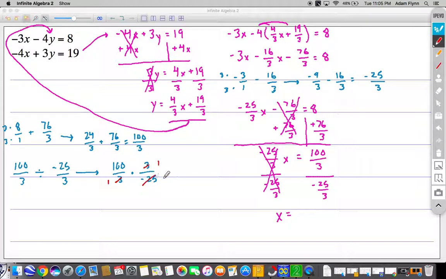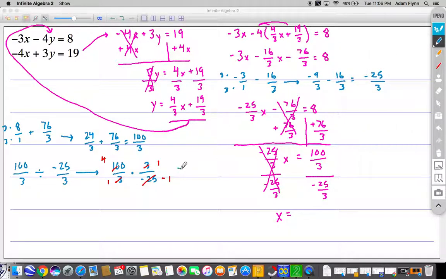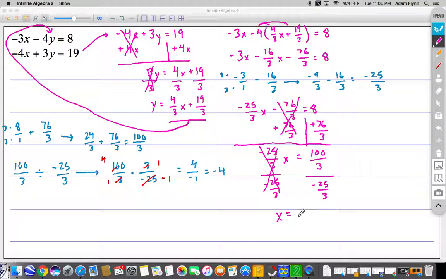I've got negative 25 and 100, so this will become 4, and this will become negative 1. So that leaves me with 4 divided by negative 1, which is going to be negative 4. So going way back down here again, I get x equals negative 4.